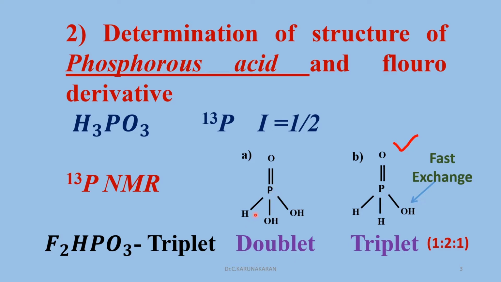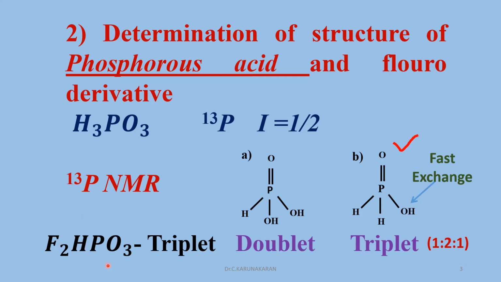Using phosphorus NMR, this compound will give you a doublet, whereas this compound will give you a triplet. The OH protons do not couple because of fast exchange with the water molecules in the solvent. In fact, a doublet signal is obtained. Therefore, the correct structure is this one.